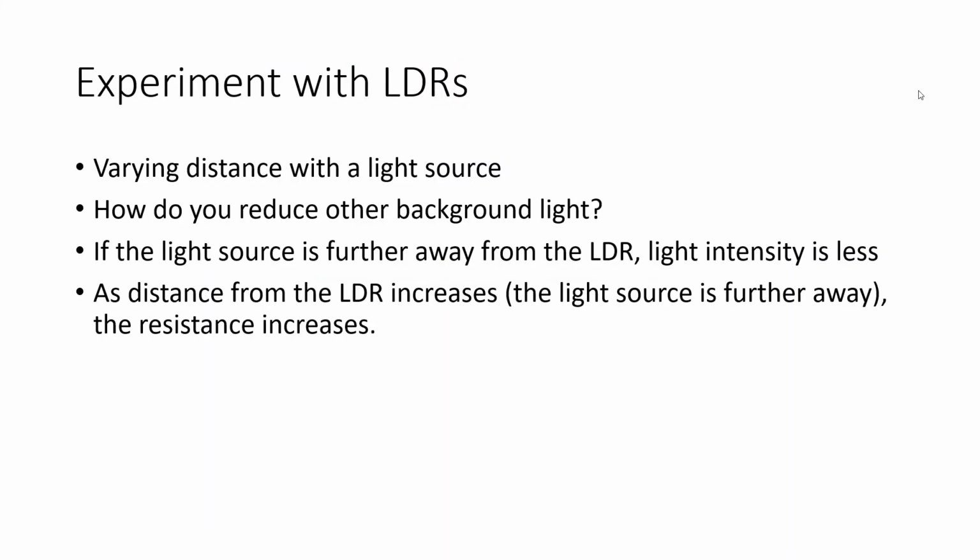Okay, so how would you do an experiment with LDRs? Here you would vary the distance from a light source. How do you reduce other background light? Well, you need to have a darkened room. If the light source is further away from the LDR, light intensity is less. So what would your graph look like? Let's say this is the distance from the light source, and this is the resistance.